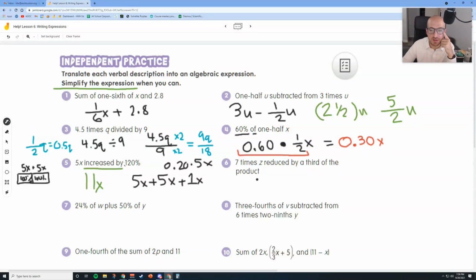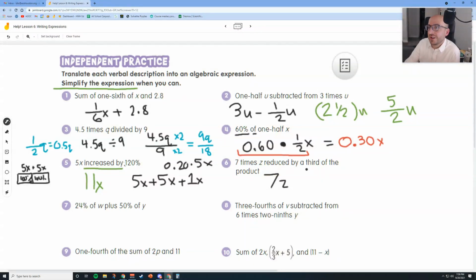All right, 7 times z reduced by a third of the product. Reduced by a third of the product. 7 times z reduced by a third. Whew.